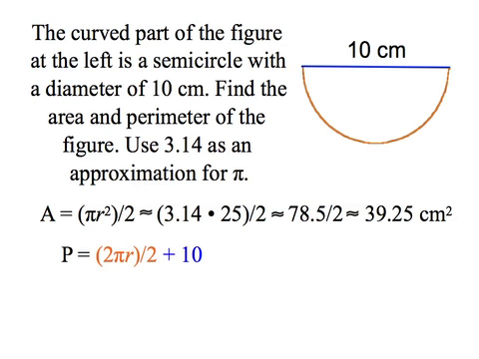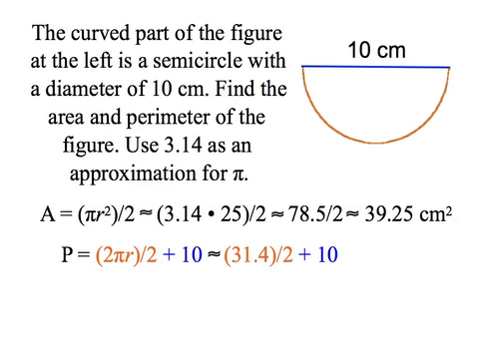And now for the perimeter. Notice we call it the perimeter. The distance around a complete circle is the circumference. But in this figure, it's a semicircle, and then we go back across the diameter to get back where we started. So we call the distance around this entire figure the perimeter. Well, the circumference of the circle is 2 pi r, but since it's a semicircle, we then divide that by 2, and then, of course, we add the 10 so we can get back to where we started.